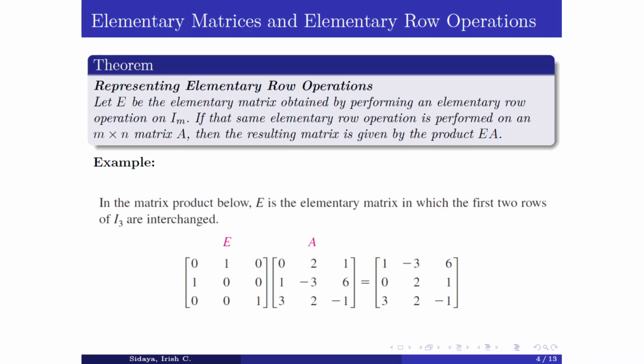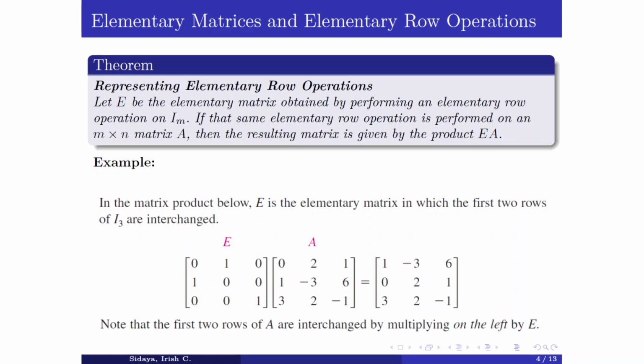For example, we have here an elementary matrix E obtained by interchanging the first and the second row of the 3 by 3 identity matrix. Also, we have a matrix A, and if we get the product EA, we get this matrix, which can be obtained also by applying the same row operation to matrix A, which is interchanging rows 1 and 2.